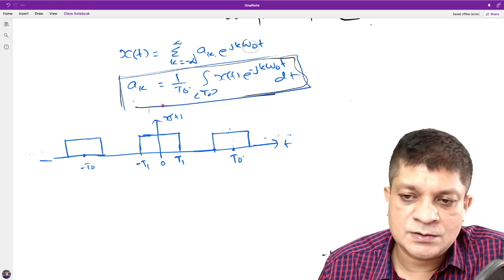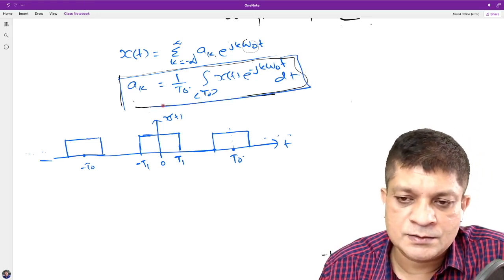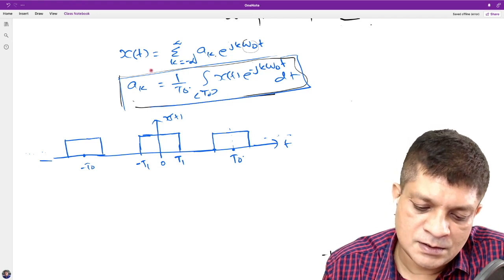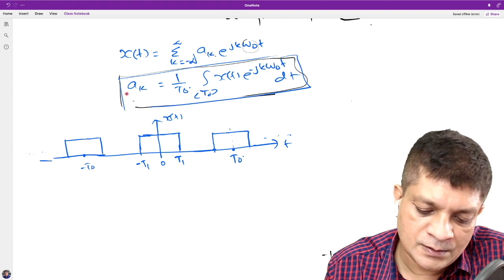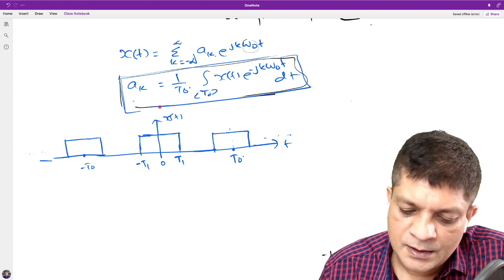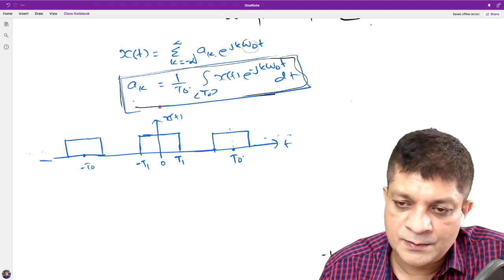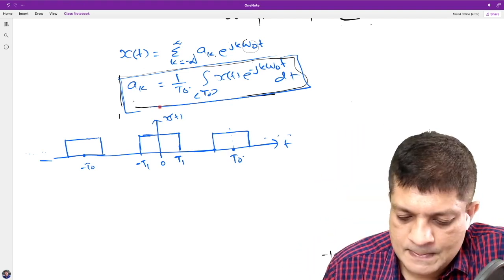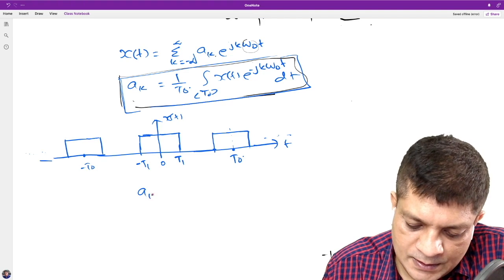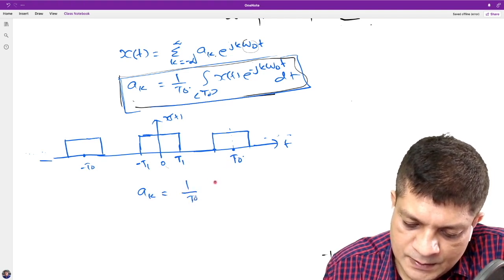In this case, it is not straightforward. You cannot directly use the synthesis equation to find the Fourier series coefficients. Here you have to use the analysis equation. Can you tell me what are the Fourier series coefficients in this case? What is the expression? a_k is 1 upon T naught, and T naught is the fundamental period.